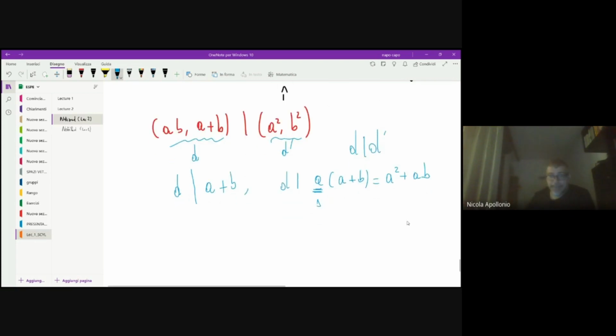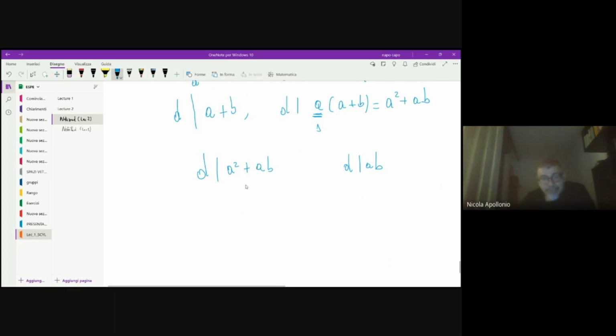So we get that D divides A squared plus AB, and also we know that D divides AB because it is a common divisor of AB and A plus B, so it is a divisor of AB. But again, if D is a common divisor of two numbers, it divides any linear integer combination of those numbers.